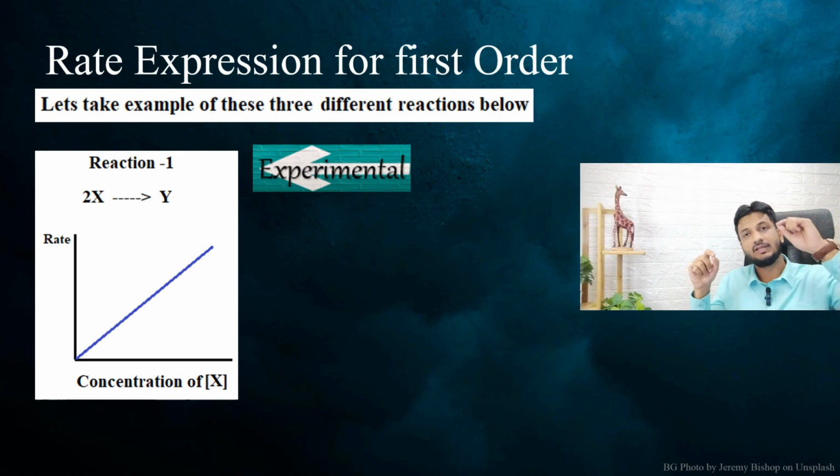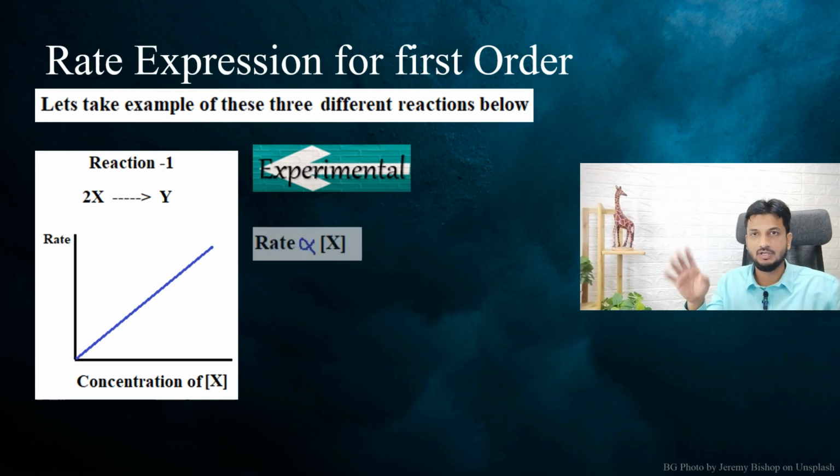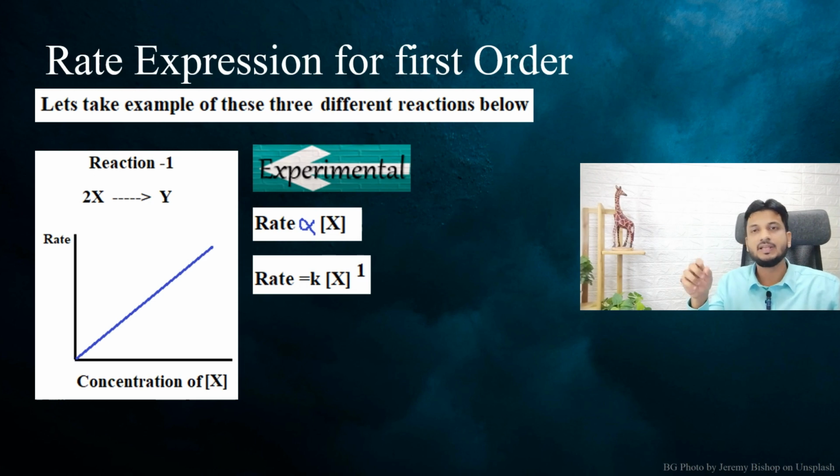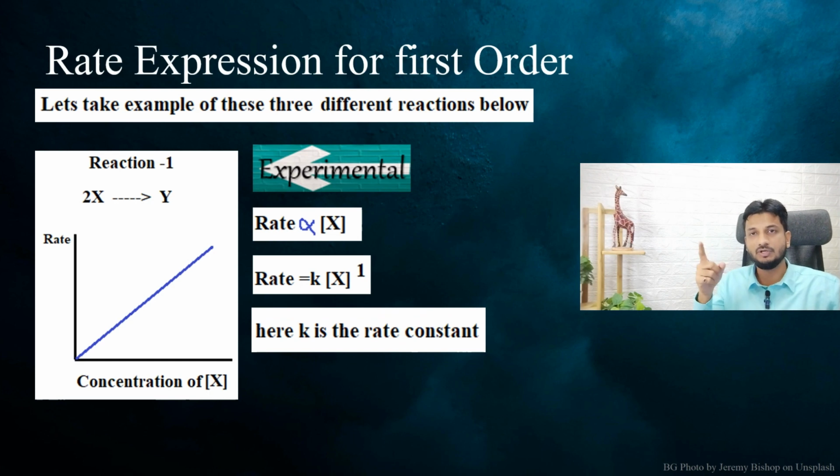This means that the rate of this reaction is directly proportional to the concentration of X. Or if we remove the proportionality, we can say the rate of this reaction is equal to constant times X to the power 1, which is also X. So this constant which is introduced here, guys, is called K, and this K is the rate constant for this reaction. And then we can also go ahead and figure out the units of K.